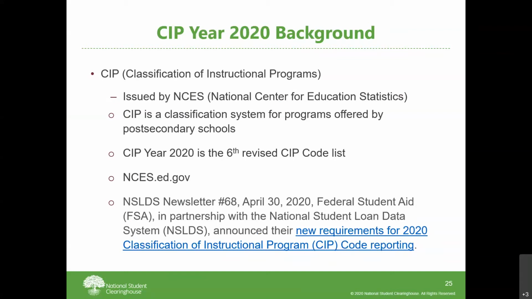So this big change is now the new revised list is 2020. So roughly every 10 years, they're going to revise the CIP code list. So roughly every 10 years, there may or may not be some impact for your school with how you are making updates in COD, in Common Origination and Disbursement, and for enrollment reporting for NSLDS compliance reporting, which does relate to how you report data to Clearinghouse.